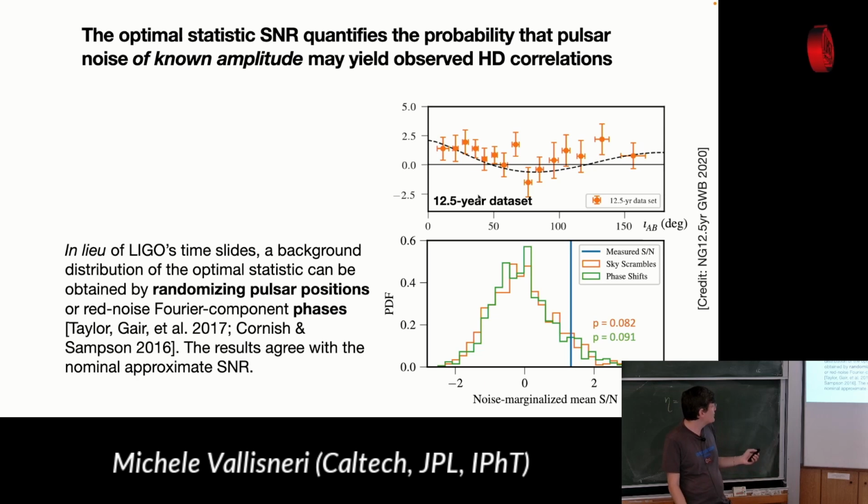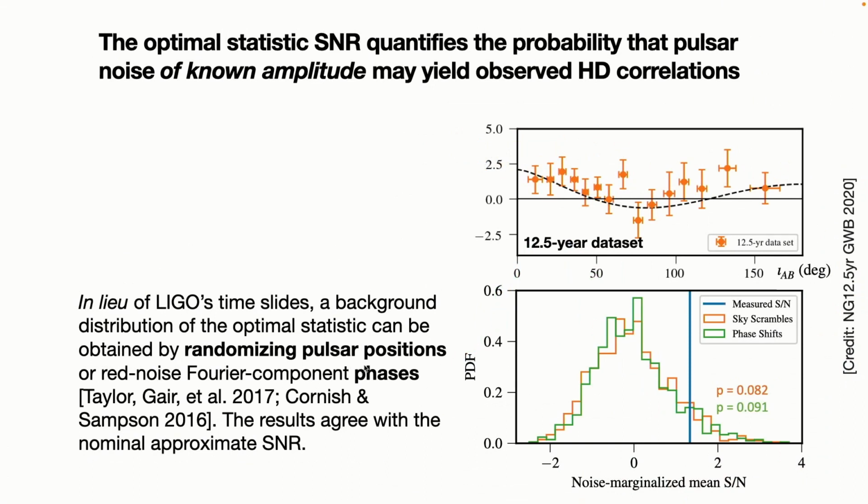But people have come up with the idea, and really the best one is randomizing the phases. In the reconstruction in the Fourier domain of the signal that I use to compute the likelihood, if you throw in random complex phases at all frequencies, that has the effect of removing all spatial correlations between the pulsars, because they're all randomized.